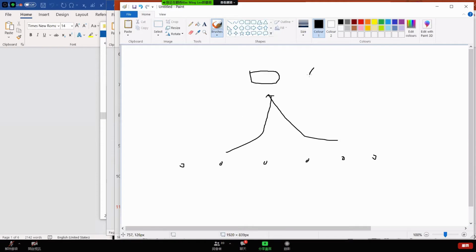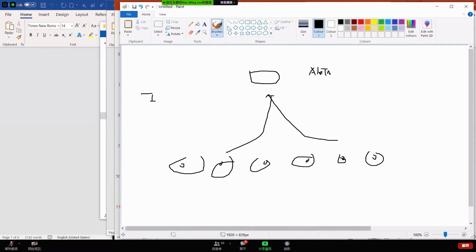This is more abstract. So this is induction. You start with individual observations, contrast and compare them, and come up with some general conclusion, a general statement.